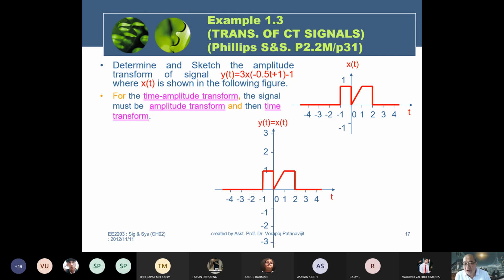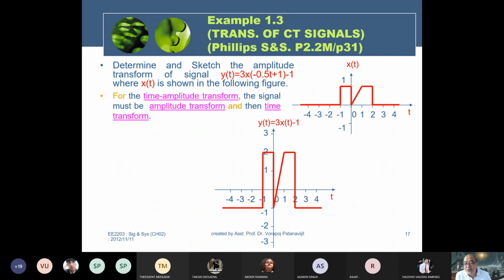For the amplitude transform, you must take scaling first. In this case, you scale by 3, you expand the signal, amplify the signal by 3 first. There is no reversal, so you skip it. And you have minus 1. You take the amplitude shifting by minus 1, which means you put it down by 1.